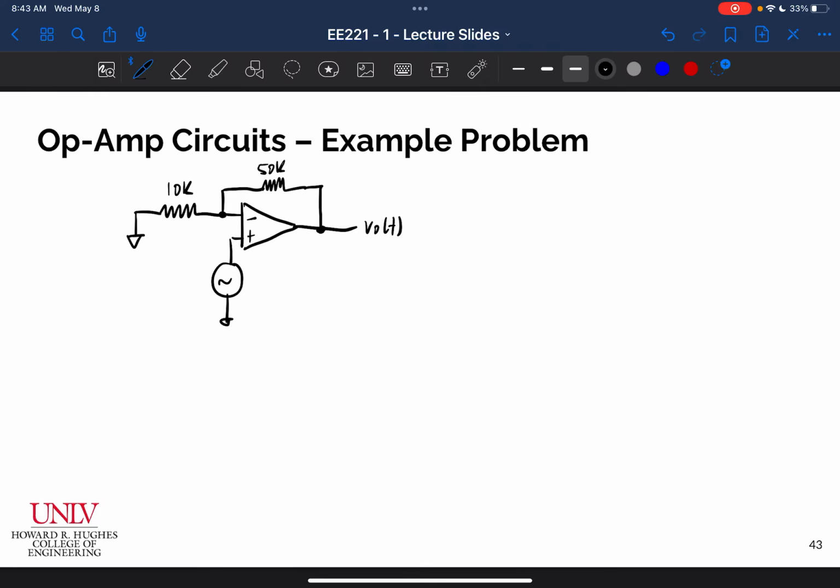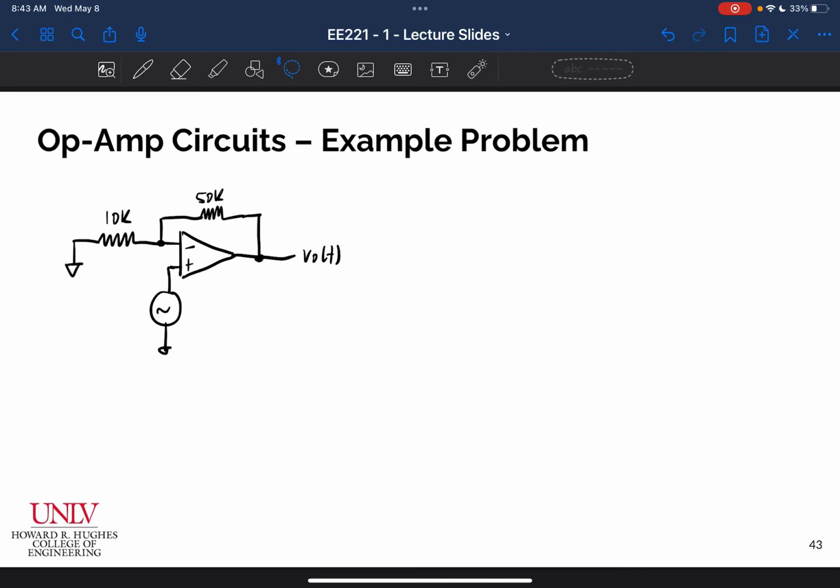Okay. So you can either recognize that this is a non-inverting amplifier and just use the formula, or I can go through and derive it myself by using the KCL at that node again, and that's what I'm going to do just because that's the long way to do it. But feel free, if you recognize these topologies, to just use equations that we've already derived.